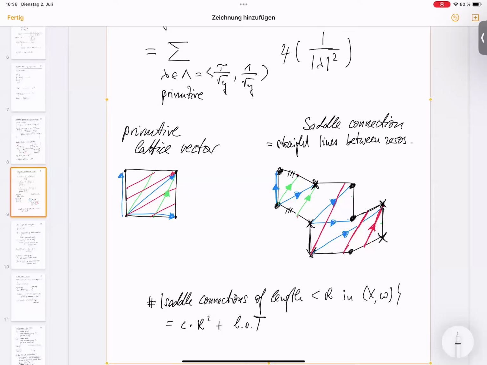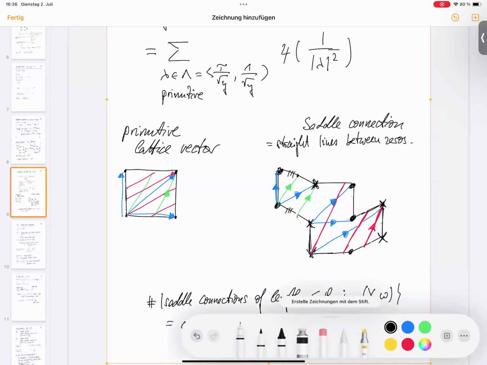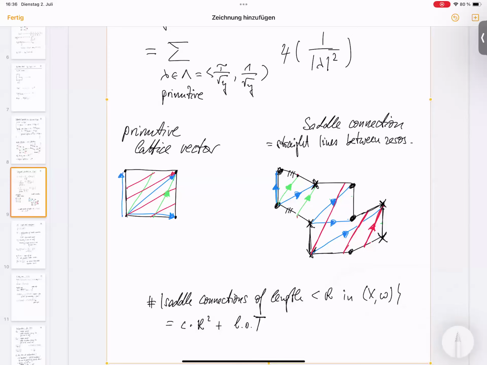I just want to have you remember that this property means that whatever you are used to writing down as series in the lattice case, which depends on quadratic growth of the number of lattice vectors, works just as well for the case of saddle connections.